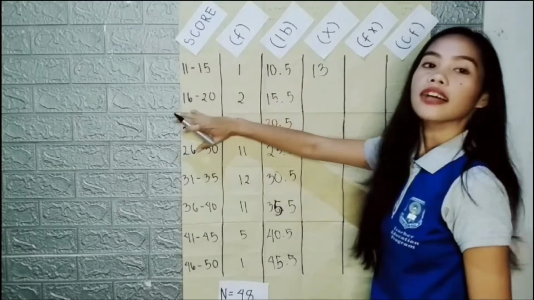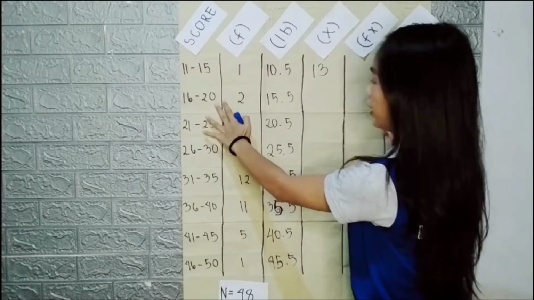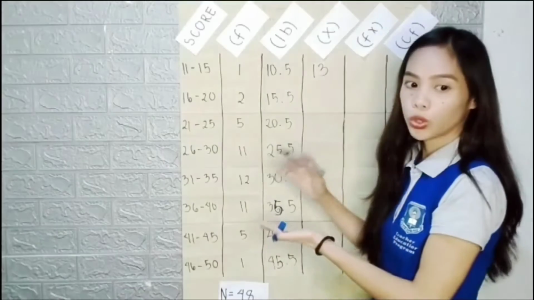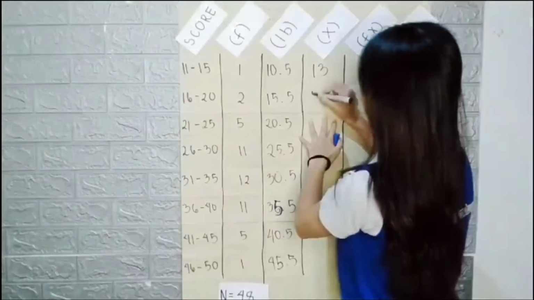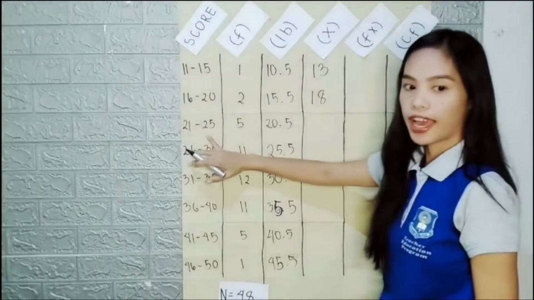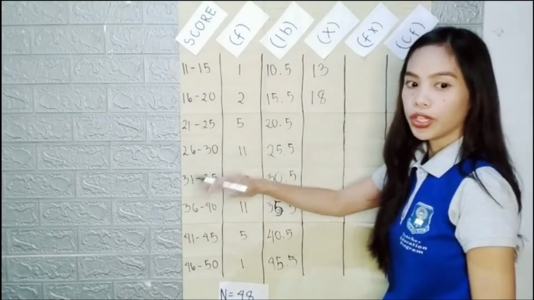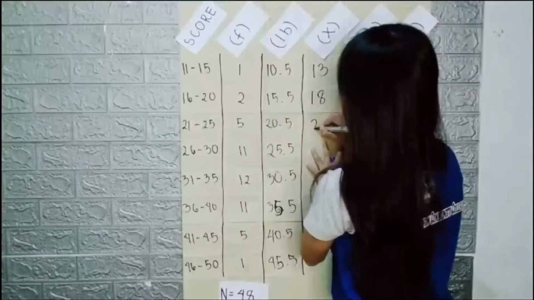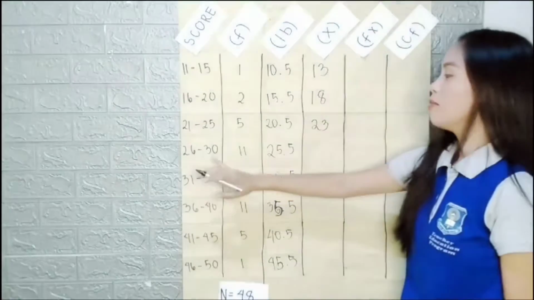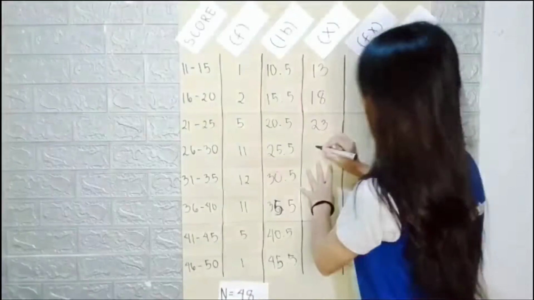As for the second, 16 plus 20 is equal to 36, and divided by 2, it will become 18. And 21 plus 25 equals 46, and divided by 2, it will become 23. Next is 26 plus 30 divided by 2, it is equal to 28.